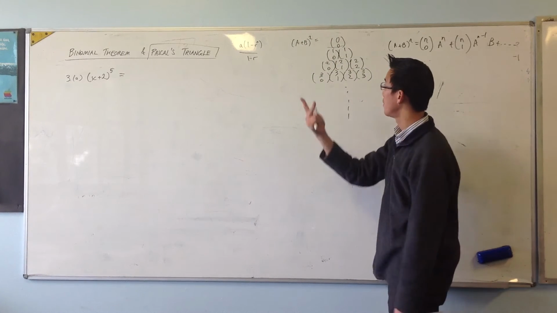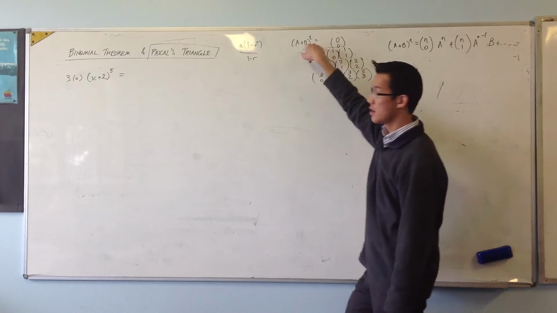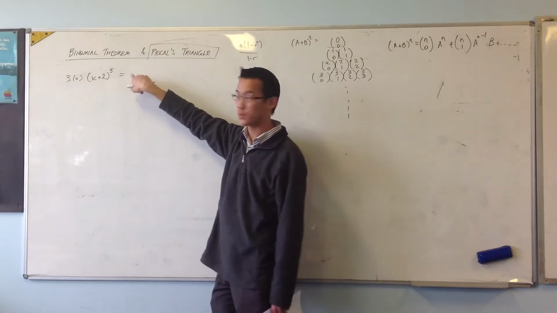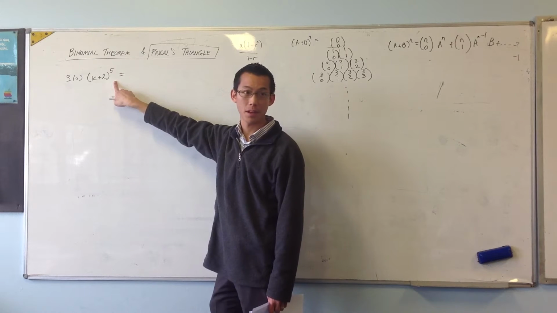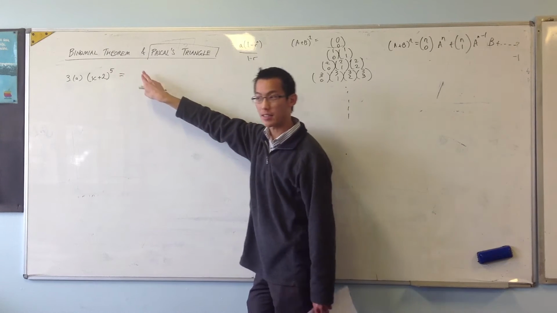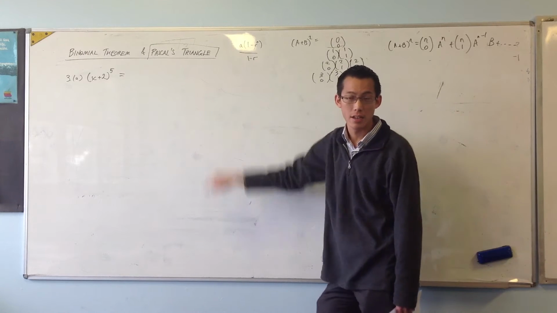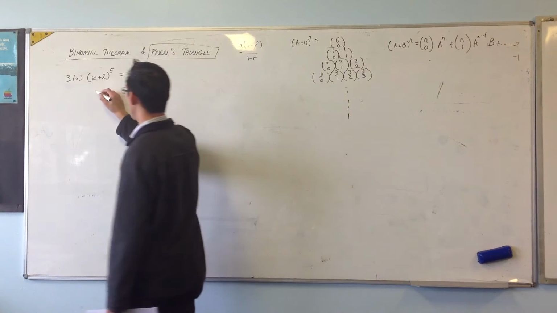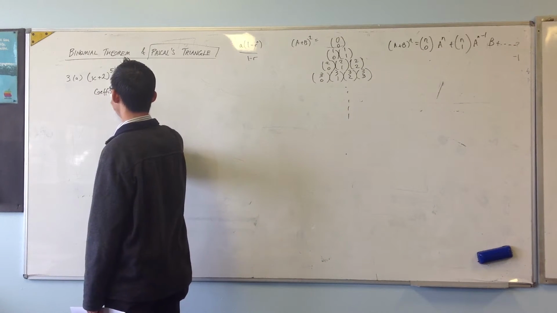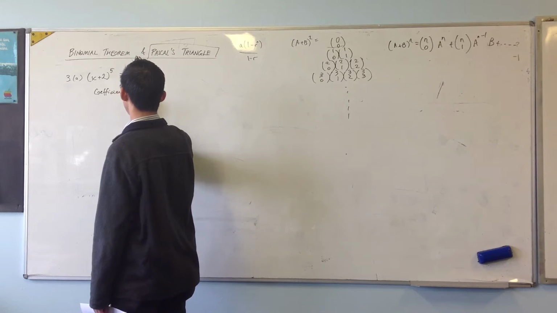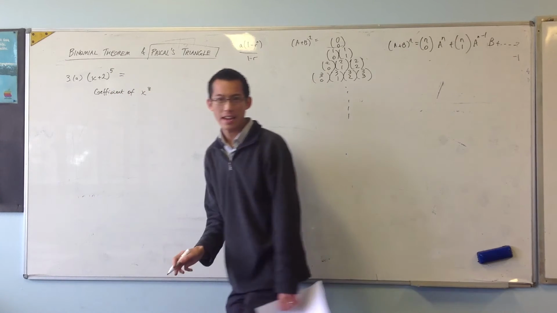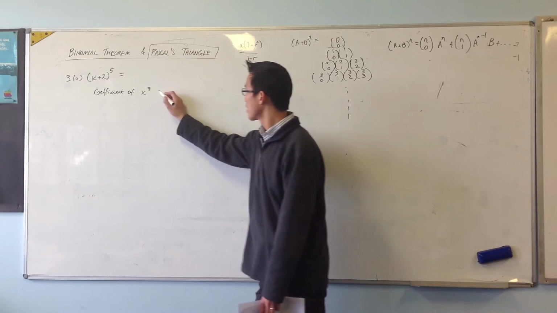So there's going to be 3 terms. So there's n plus 1 terms if you're raising to the power of n. Now the first term will be x to the 5, then x to the 4, and then x to the 3. So that x to the 3, that's the one we want.